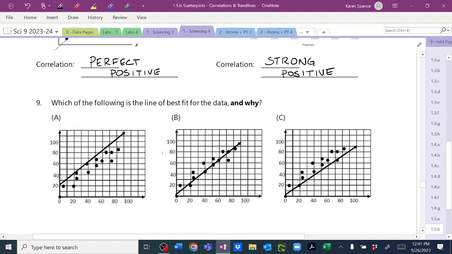Which one do you guys like, A, B, or C? B. Tell your partner why.